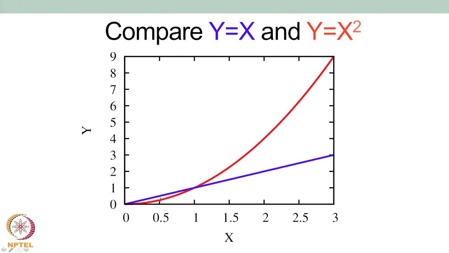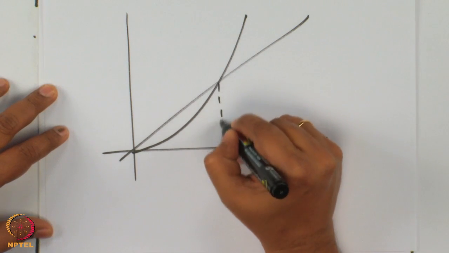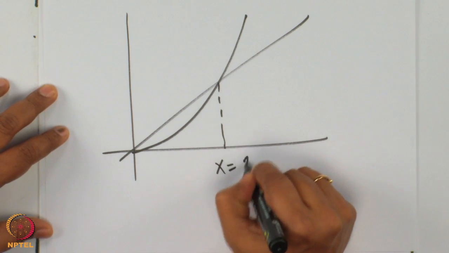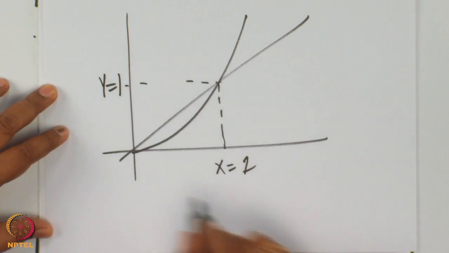So this is important to note that y is equal to x square is smaller when x is less than 1, which you can appreciate when, so you have y is equal to x and y is equal to x square at 1. So this is x equal to 1 and this is y is equal to 1.